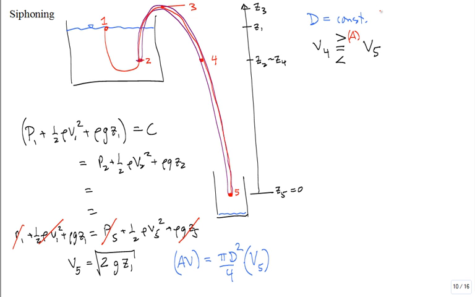Answer A, B, or C. So compare the velocities at state 4 and at state 5. The diameter is constant. And so it's answer A, B, or C. The velocity at state 4 compared to the velocity at state 5.